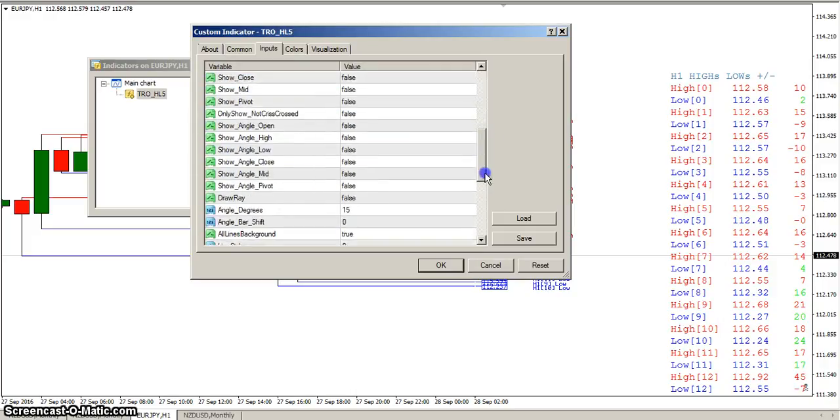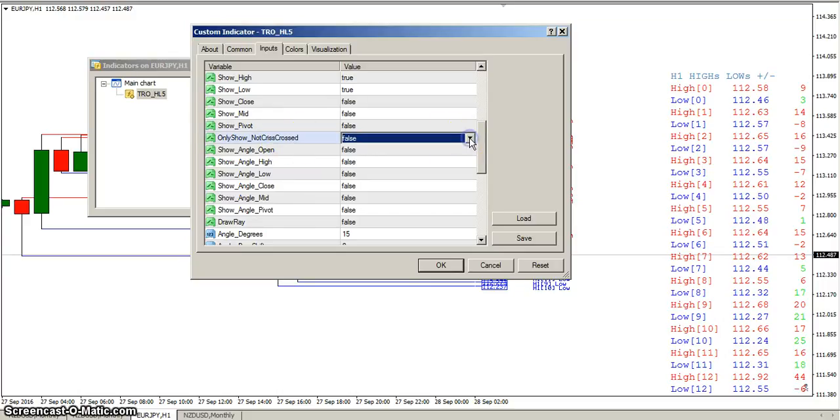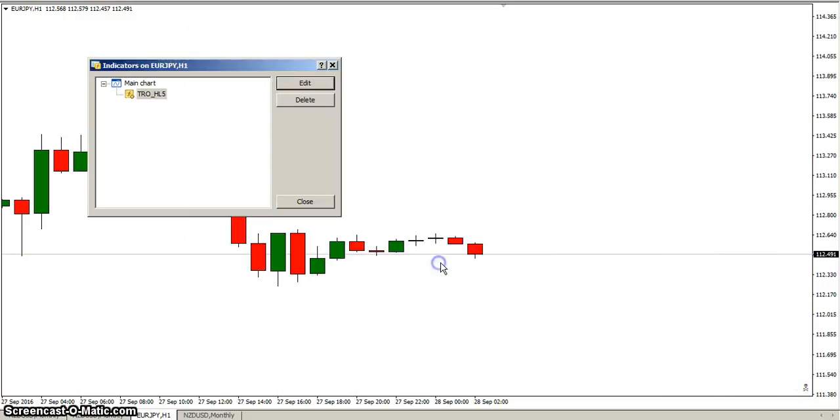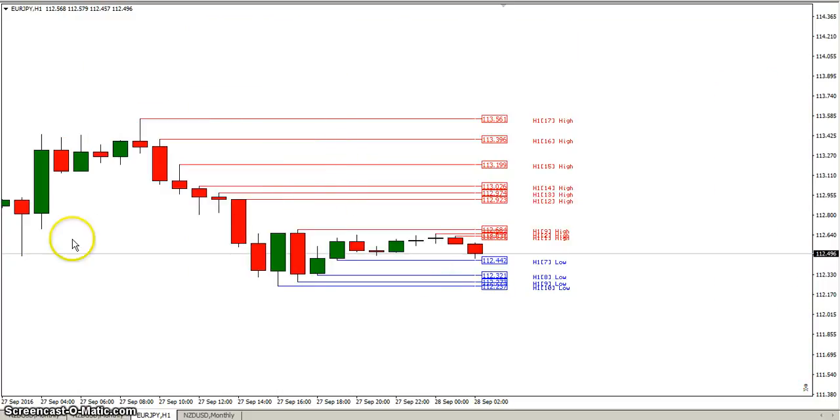And we use only show not crisscross lines, and we set that to true. And so now you can see the lines that price hasn't crossed. So you can see right here, between here and here, there's going to be an area to break out.